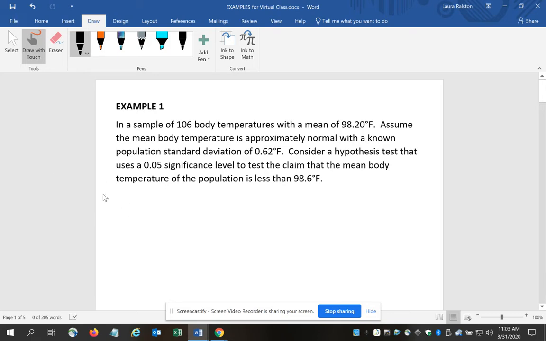Okay, so the first step in the hypothesis test is to state the hypotheses. There are two of those.